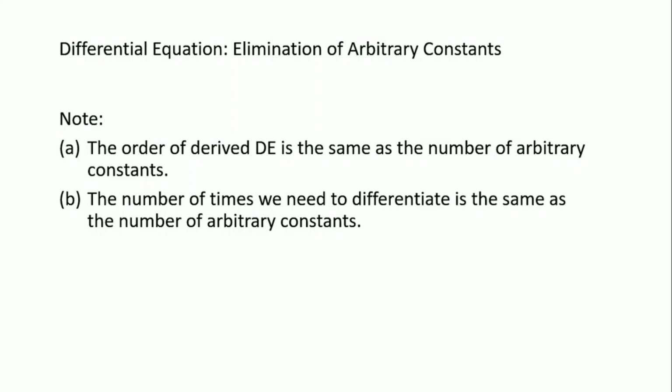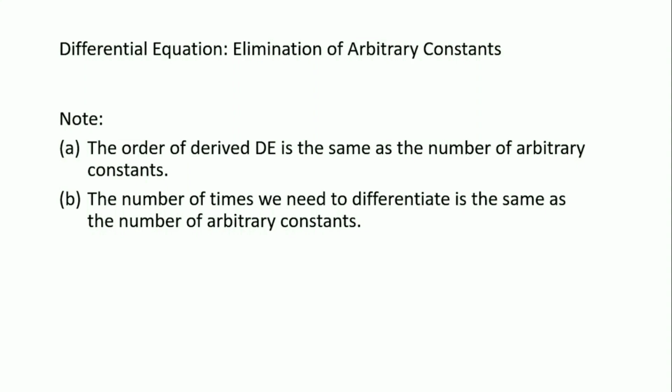So the elimination of arbitrary constants, number one, is that the order of the derived DE is the same as the number of arbitrary constants. Okay? So ano ibig sabihin niyan? Kung ilan daw ang number of arbitrary constants natin sa given relation, ganun din daw ang order ng derived DE natin.